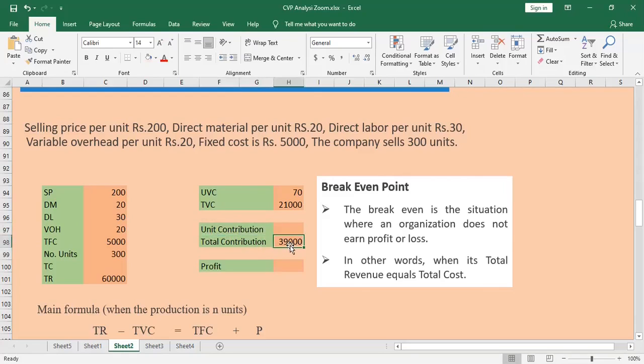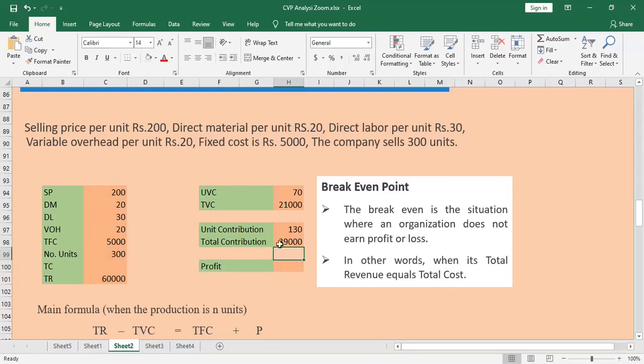Either you can divide this by the number of units, or you can take the sales price per unit minus unit variable cost. So you are getting 130. You get the same answer even if you divide this 39,000 by the number of units, that is 300 units. It is always the same thing, right?